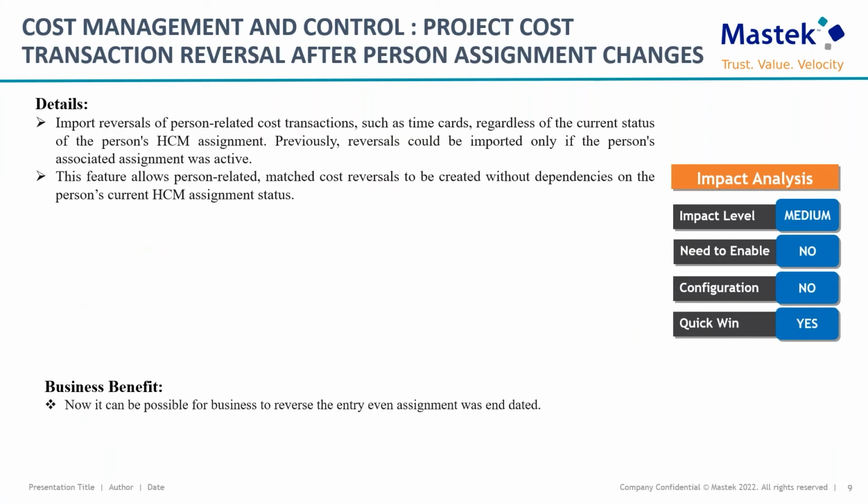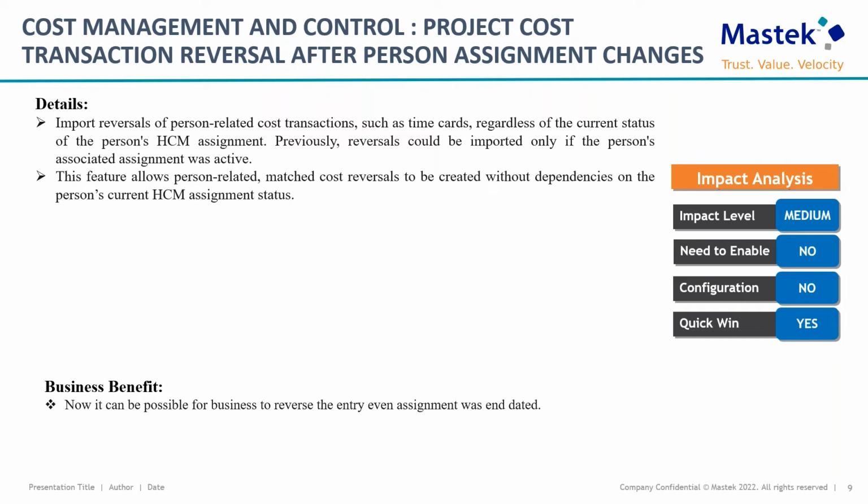Let's move to the other quick win feature, which is from cost management and control. The name of the feature is project cost transaction reversal after person assignment changes. This is an effective feature. Users asked me many times that the cost was booked under the wrong assignment and now they want to reverse this cost, but the assignment was discontinued.